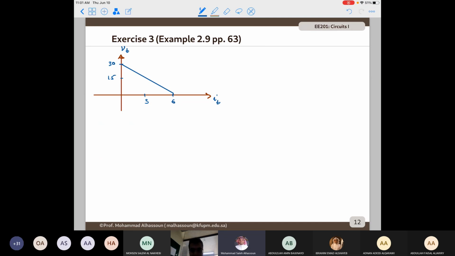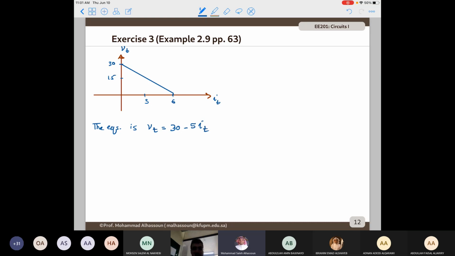And we can see here that the equation of this line is not a proportional relation, so we have some sort of shift here. So the equation is Vt equals 30 minus 5 It.